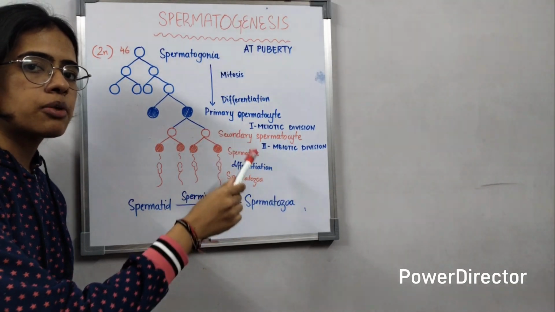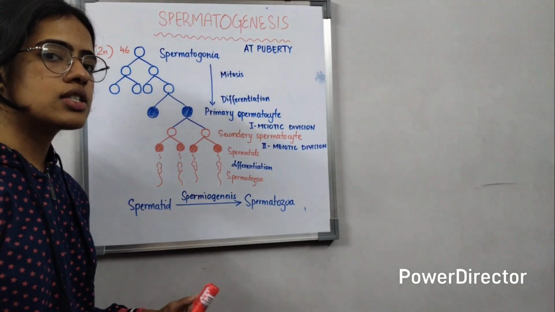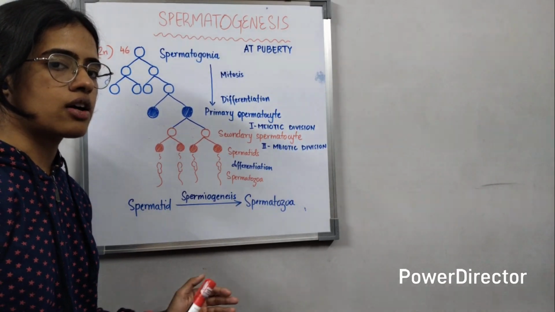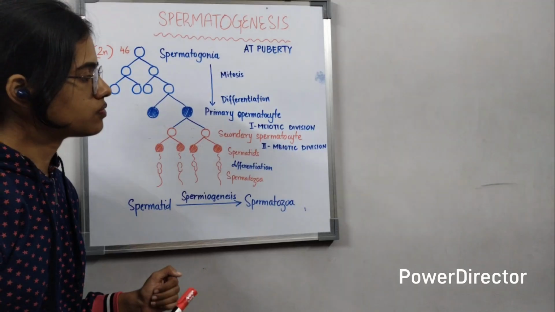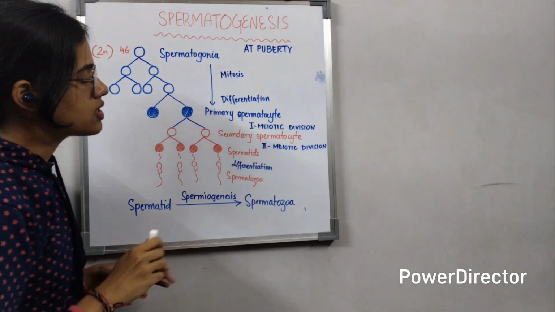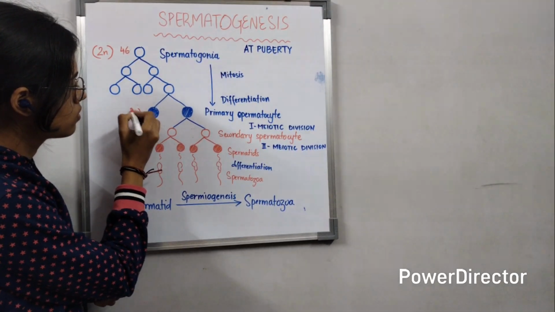This primary spermatocyte is much more mature than the spermatogonium, and it is ready to undergo divisions to form the mature male gametes. Primary spermatocyte is still having the ploidy of 2n.